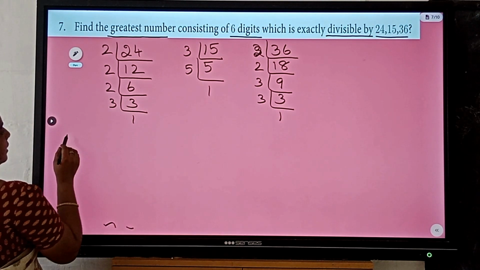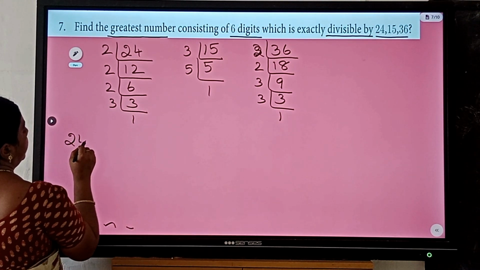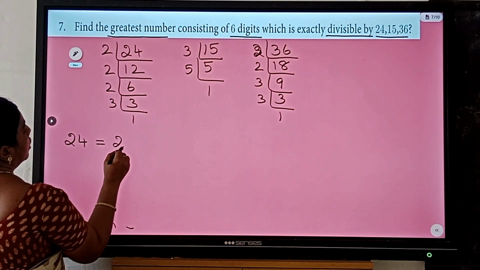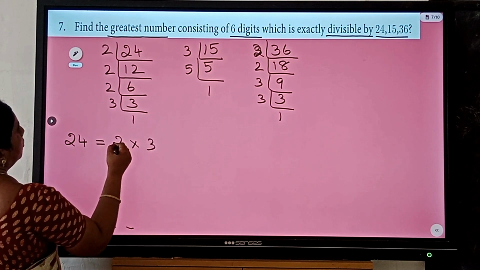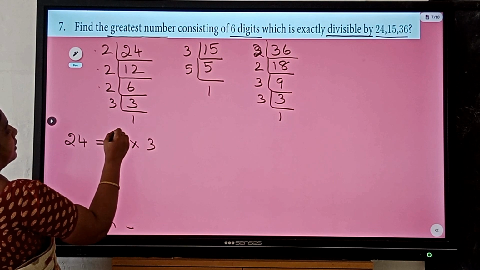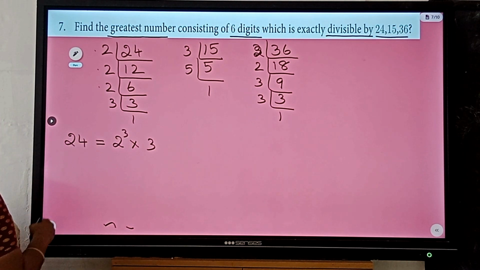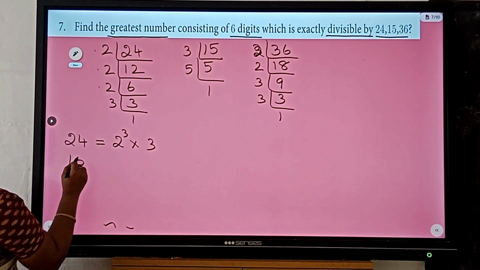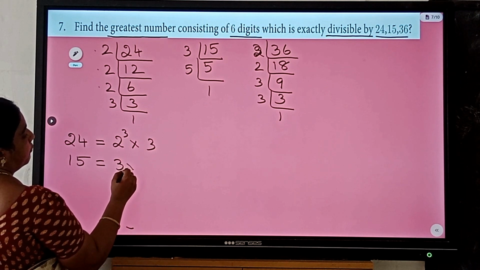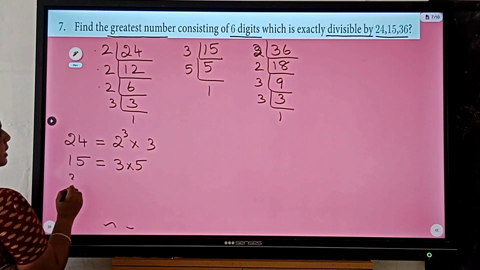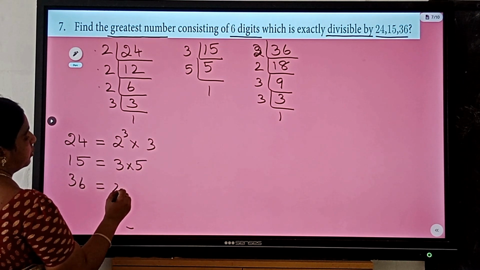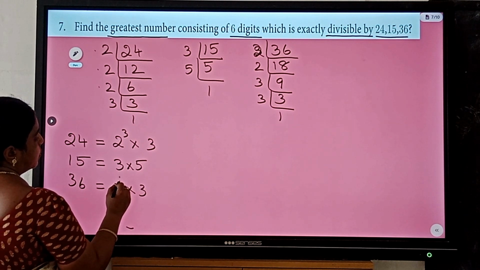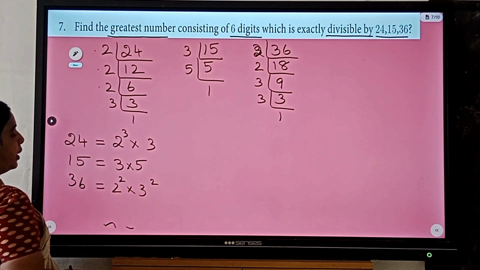So let us write the factors. 24 is equal to 2 into 2 into 2 into 3. How many 2's? 1, 2 and 3. So 2 cube into 3. For 15, it is 3 into 5. For 36, you have 2 into 2 into 3 into 3. How many 2's? 2 square and 3 square.